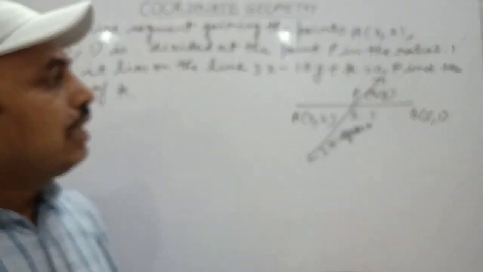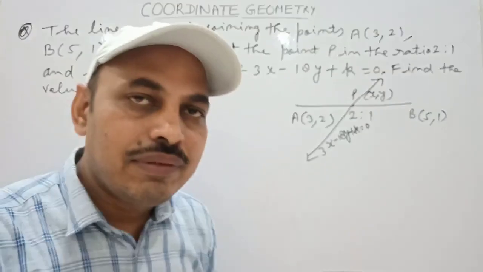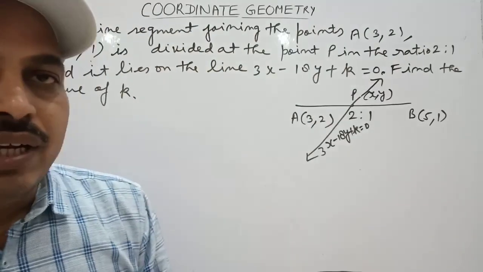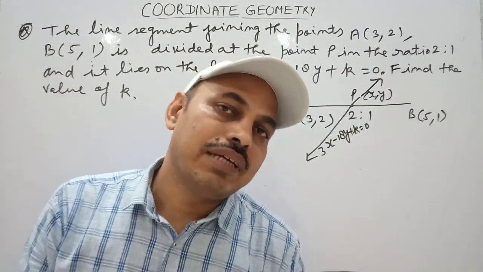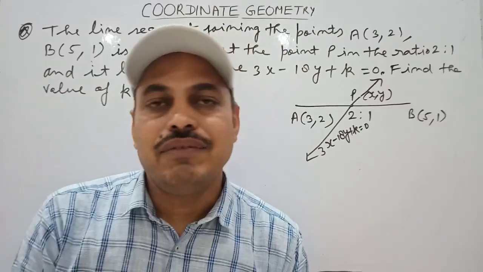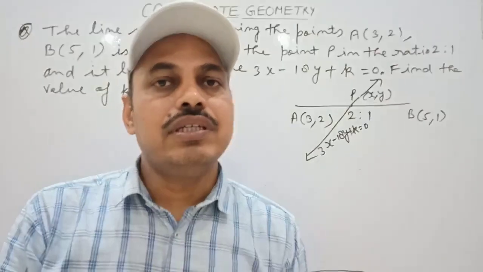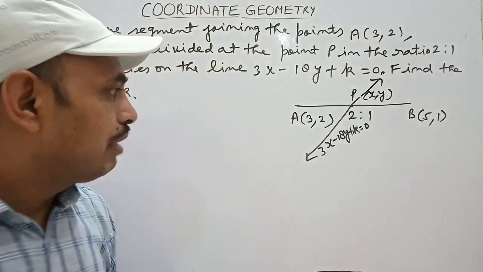So coordinates of P are given by using section formula: (mx2 plus nx1)/(m plus n), (my2 plus ny1)/(m plus n). What is x1, y1?